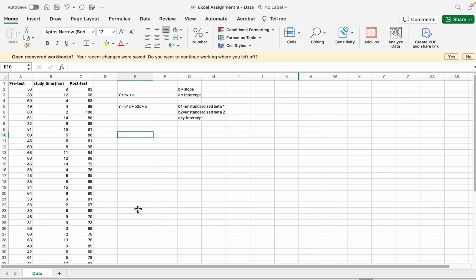You've already looked at it to check for normality and things like that. There is something in regression that you have to consider, and that is called multicollinearity.